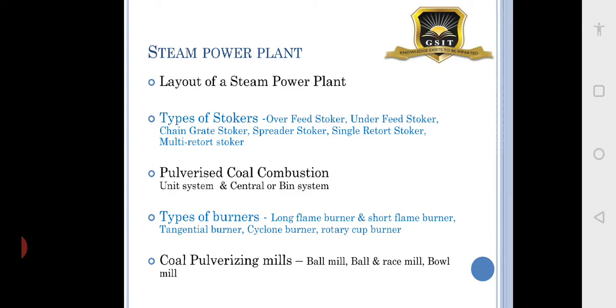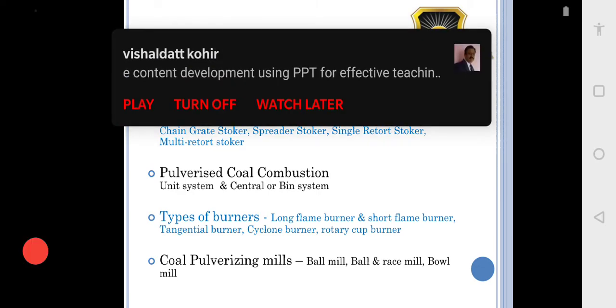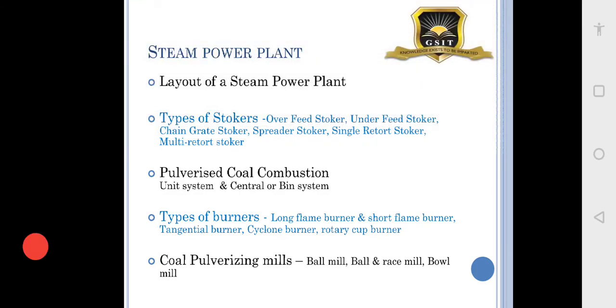Coal is like we take our grains, jawar, wheat to the flour mill and get it ground into small fine powder. Similarly, this coal is converted into powder, and then that is burnt, so that the combustion efficiency is increased, and very least amount of fuel is wasted, and you get the better efficiency from the coal.